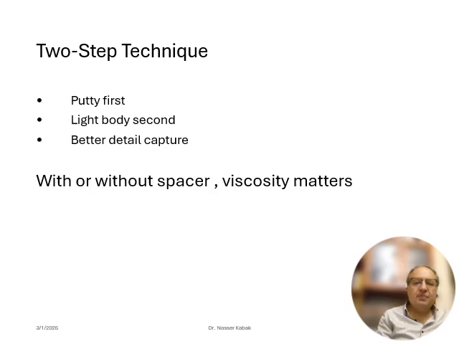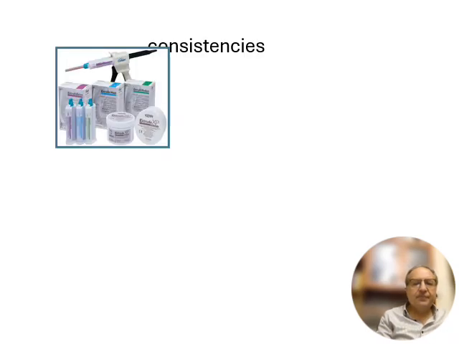We should introduce the putty first, then the light body second, and it will capture details with very good precision, the one that we have seen in the previous video. With or without a spacer, I prefer without a spacer, and the viscosity matters. It really matters.